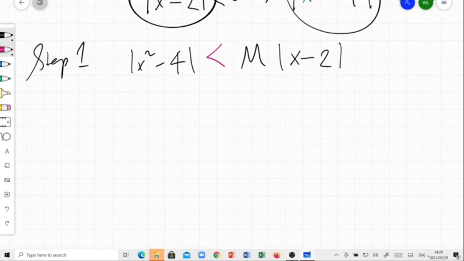In order to do this, that's the only reason I will divide x minus 2 into x squared minus 4.